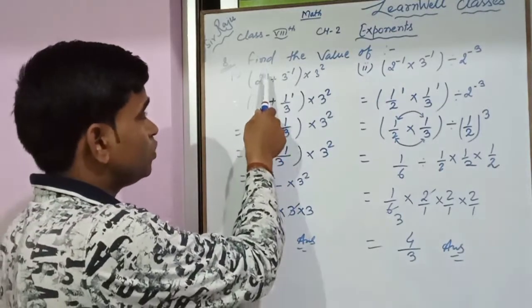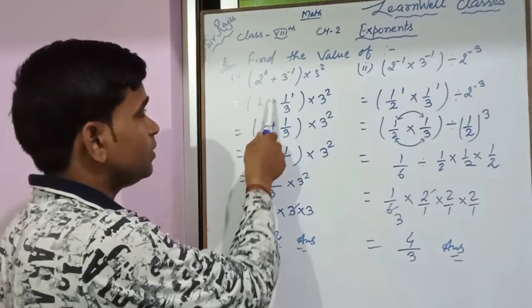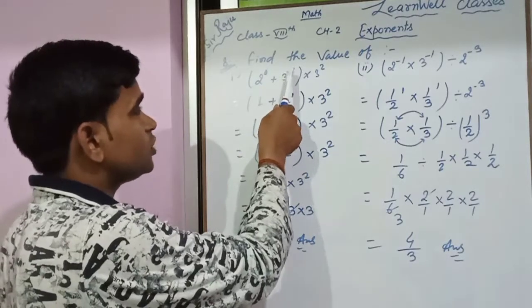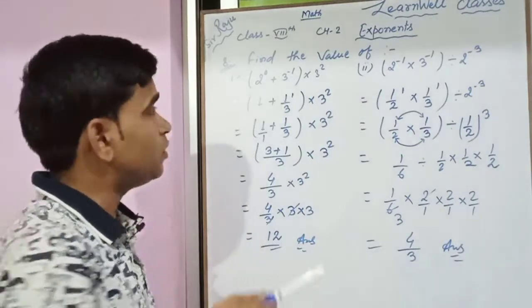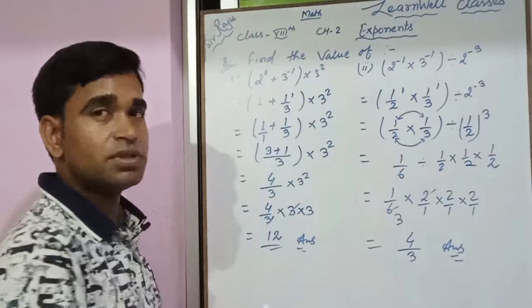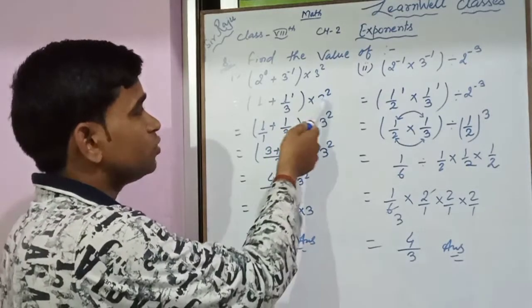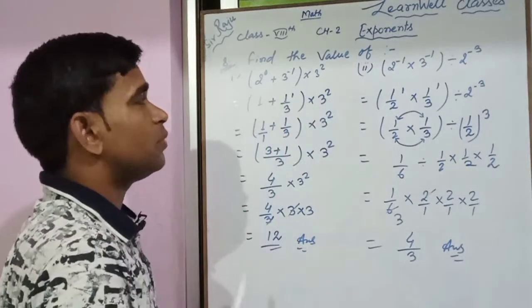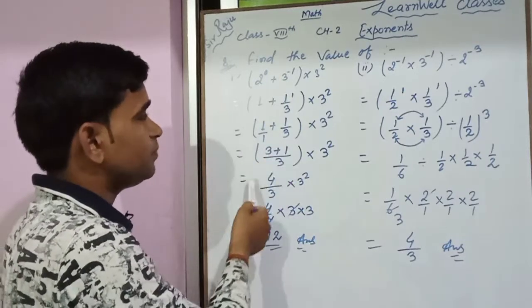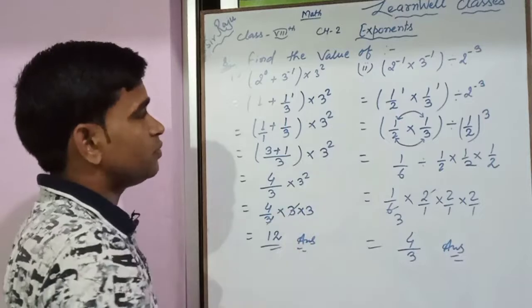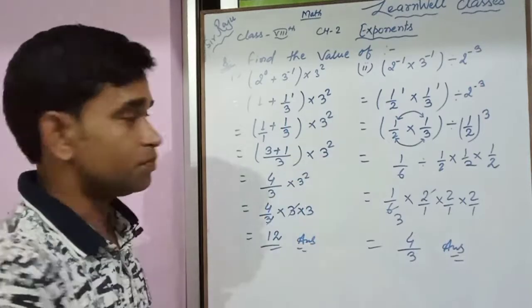So 2 raised to the power 0 is 1 plus 3 raised to the power minus 1. When the exponent is in negative form, it will be the reciprocal of that number, into 3 raised to the power 2. So 1 plus 1 upon 3 into 3 raised to the power 2.